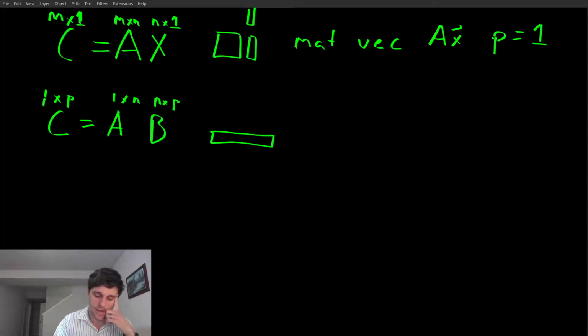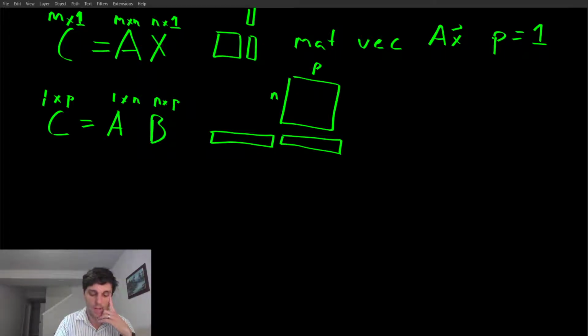And my B is still an n by p matrix, right? N by p. And my output is now a 1 by p again, right?